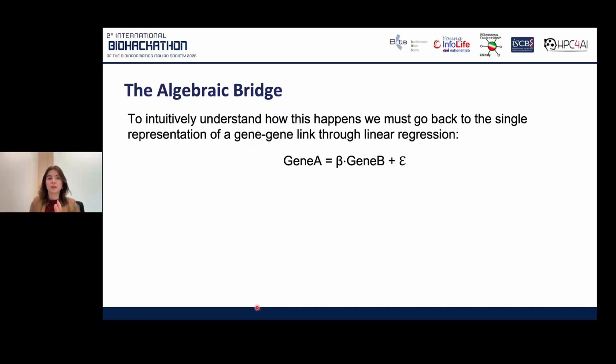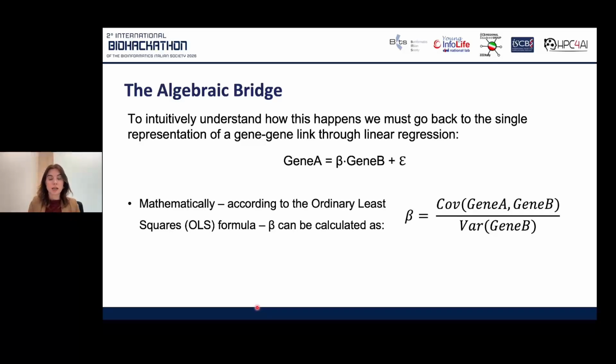So to intuitively understand how it's happening, we must go back to the single representation of a gene-gene link through linear regression that we were describing before. Mathematically, the simple regression we had was just this one. And the way to find the beta coefficient for this regression was just to find the covariance scaled by the variance of the predictor.